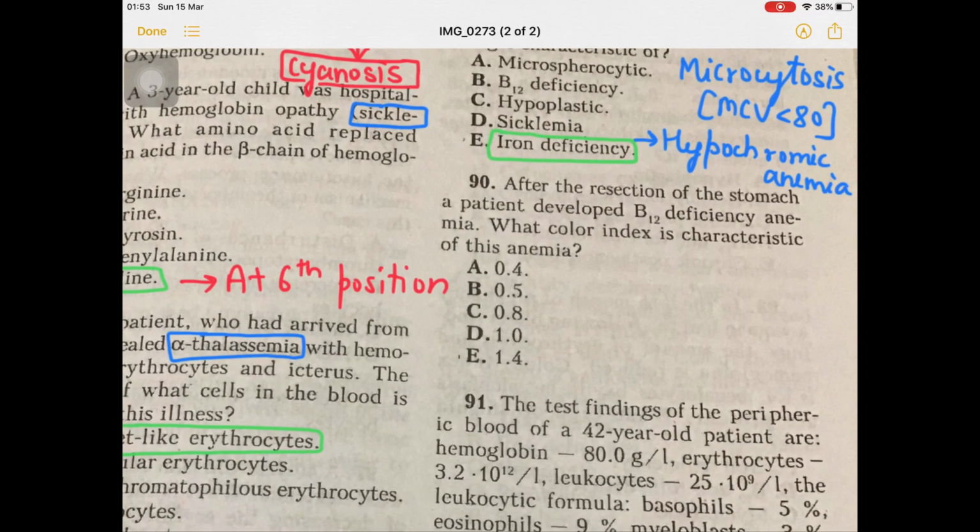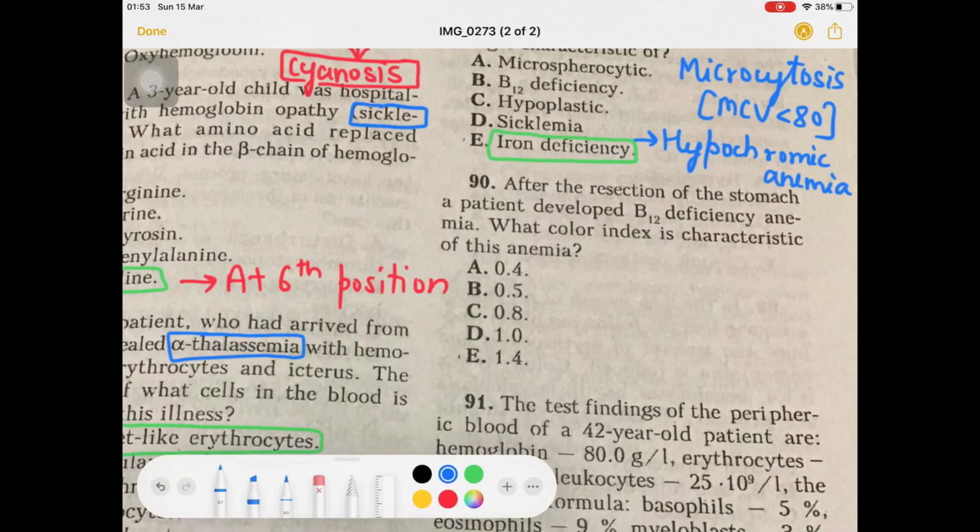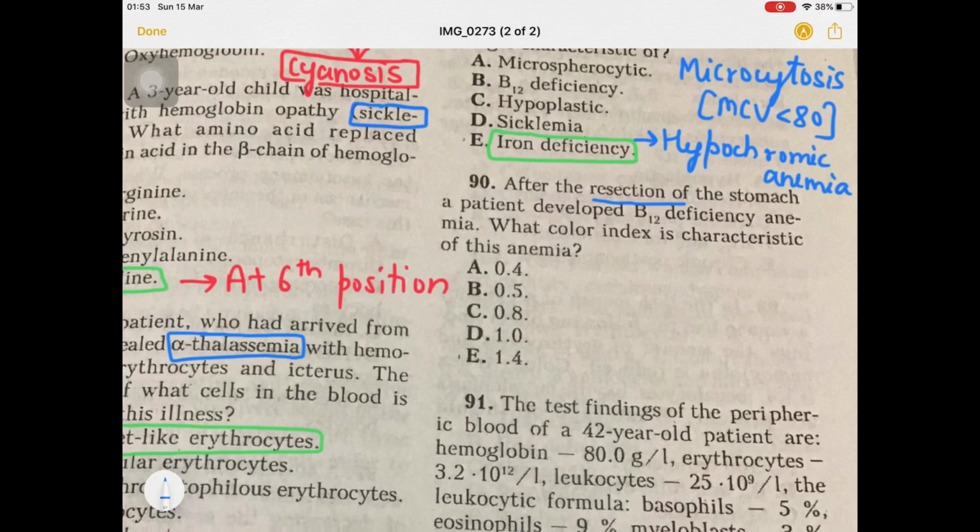They are talking about B12 deficiency. So let me read the full question. After the resection of the stomach, right? So in the previous history, there is a resection of the stomach, and they are saying the patient developed B12 deficiency anemia.